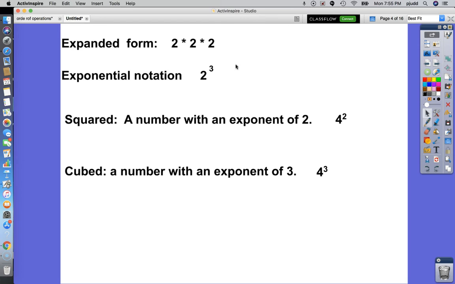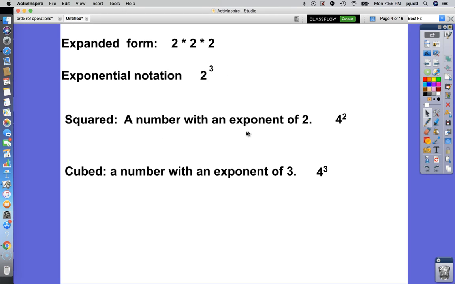Now, expanded form. When we looked at 2 to the third power, this is expanded form. I'm taking the base and I'm actually showing it being multiplied 3 times. Exponential notation means you have your base and an exponent to show how many times the base is being multiplied by itself.